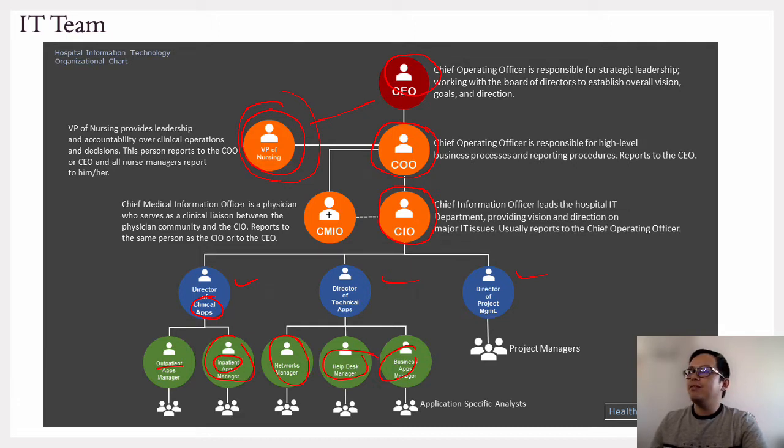Project management office, right here. I was once a project manager in the Philippines at the National Computer Center in Manila. The Project Management Office provides oversight and direction of specific projects that have start and end dates.